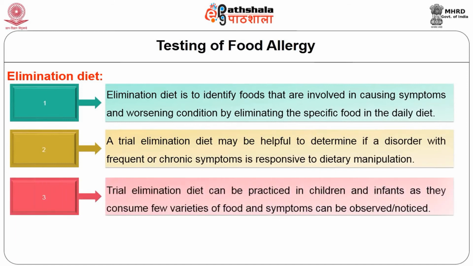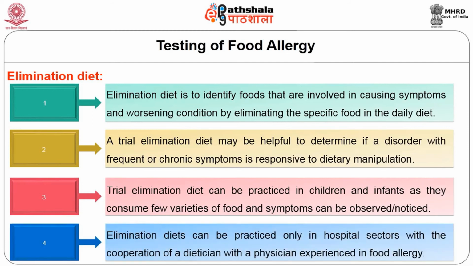manipulation. Trial elimination diet can be practiced in children and infants because they consume few varieties of food and the symptoms can be observed or monitored easily. But this type of elimination diet is very difficult to be followed or monitored in adults because they consume a wide variety of food.